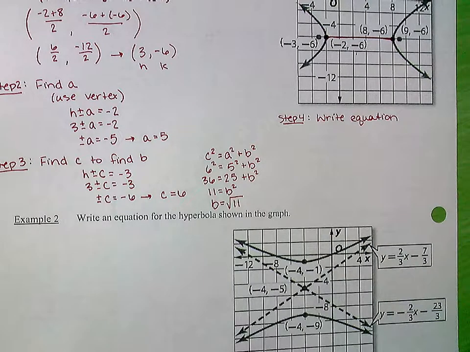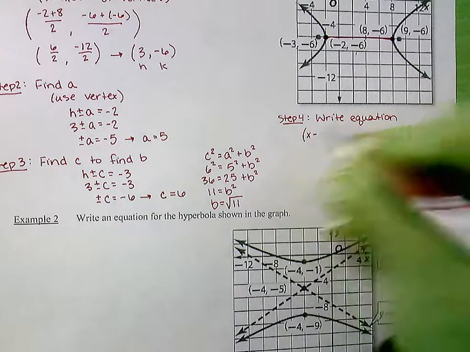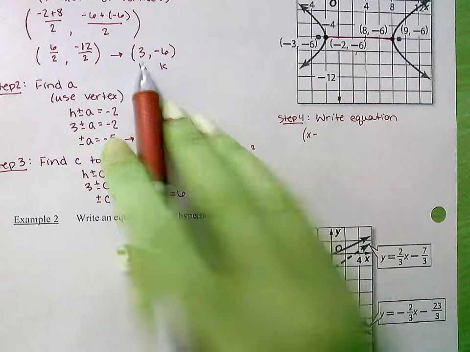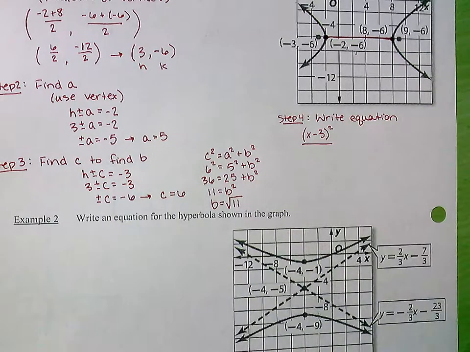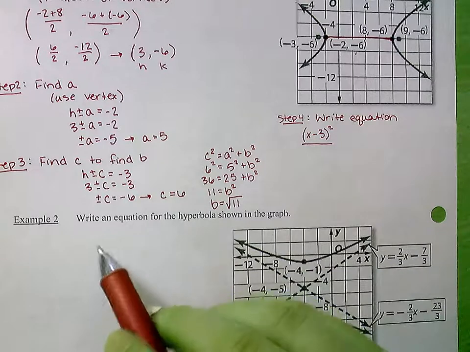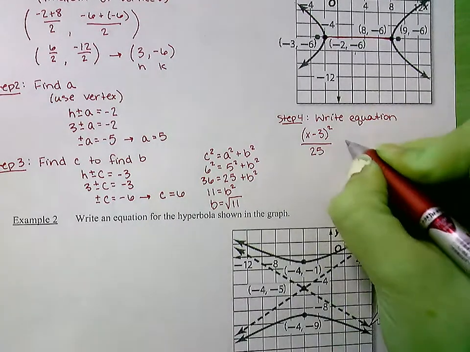Okay, so we want to write out that equation. And since we're using the horizontal, we'll have x minus h. H is 3, squared over our a value was 5. 5 squared is 25.